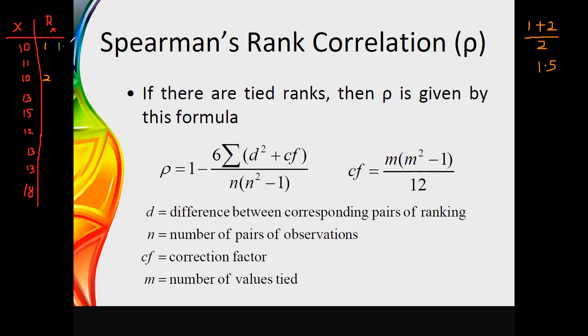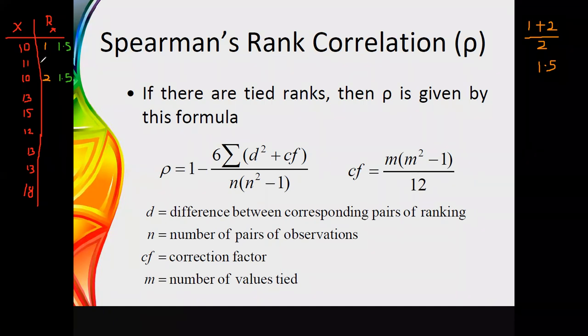So you have the ranking as 1.5 here, and the next value is again 1.5. Now you can see that the same ranking has been used here, and this is what we call a tied ranking. Ties means the same value.